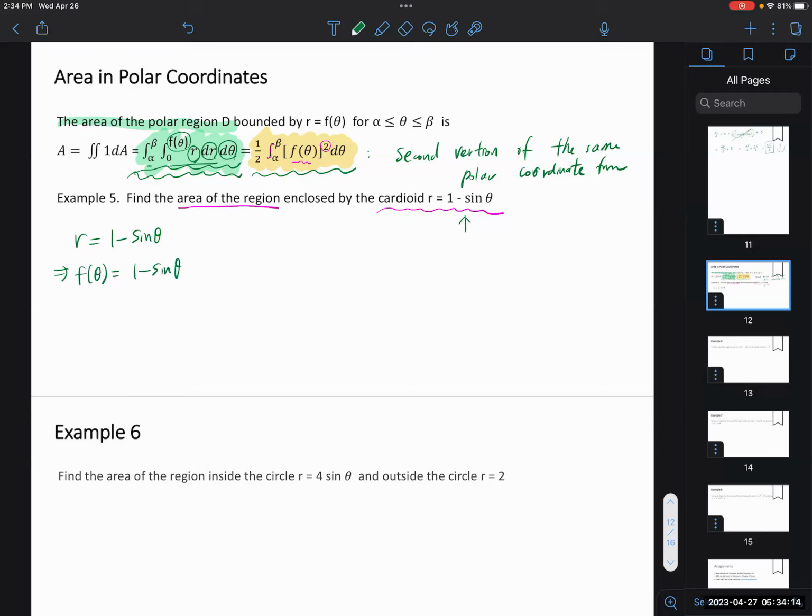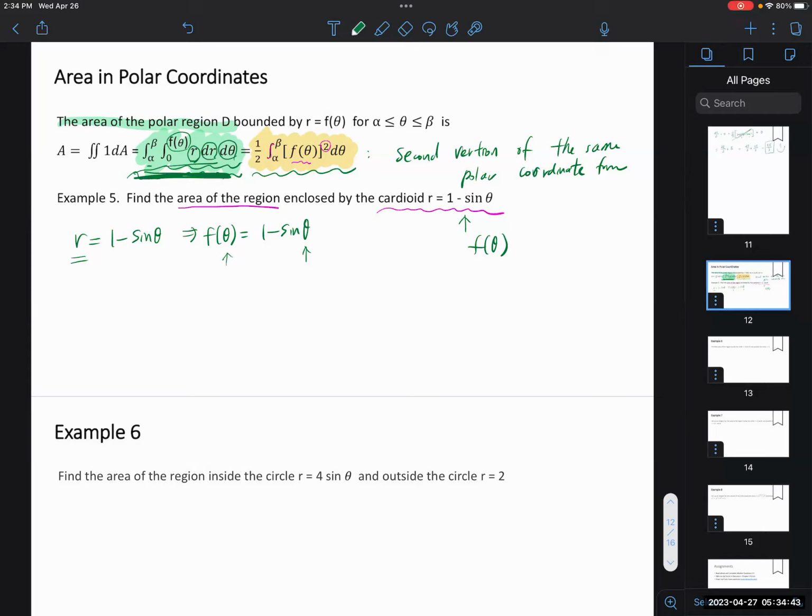Does it make sense? Because if you change the input, you will get a different output. R can be f of theta, so this is actually the given f of theta. Therefore, you can use this formula.